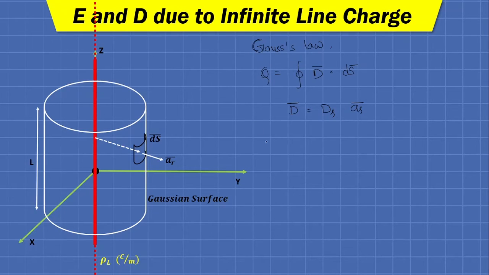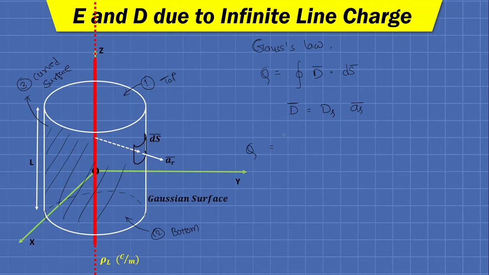Okay, then dS bar. If we consider this closed surface integration in three parts, the first part will be for the top surface, the second part will be for the bottom surface, and thirdly the curved surface.